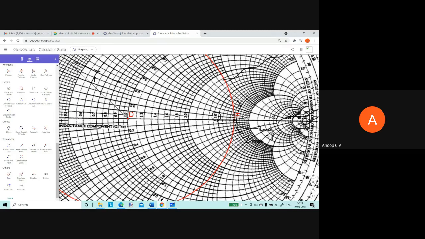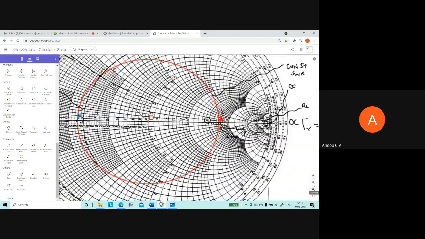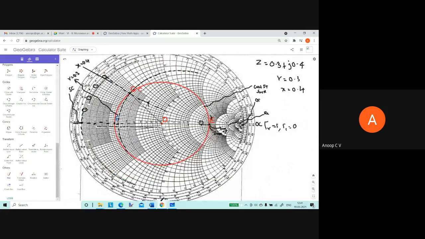The R value corresponding to this point E is in between 3.8 and 4. For instance, we'll approximately take it equal to 3.8. So I'm writing it down here: Zmax is equal to rho, which is equal to 3.8.